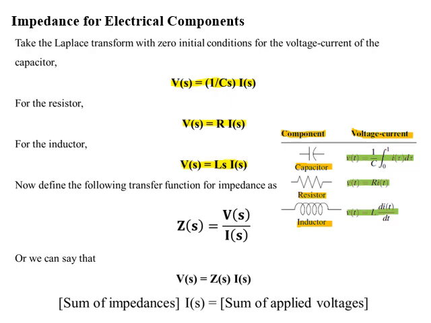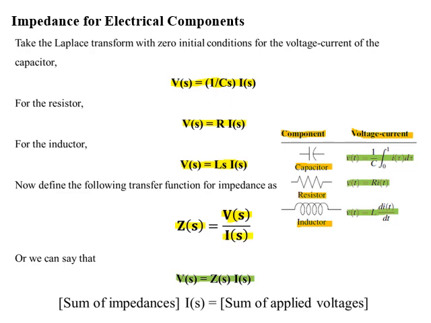If we analyze all three equations, we'll see that voltage across capacitor, resistor or inductor is equal to impedance of the respective component multiplied by current passing through the component, or impedance is equal to voltage of the component divided by current passing through the component.